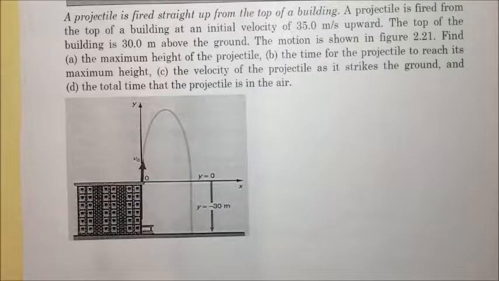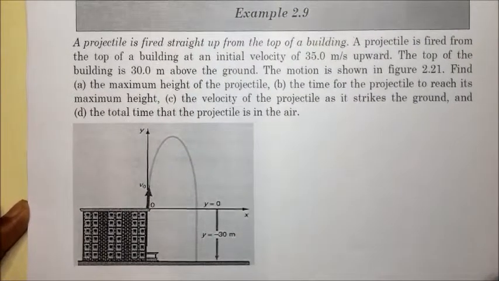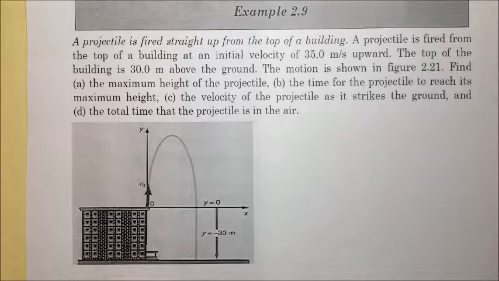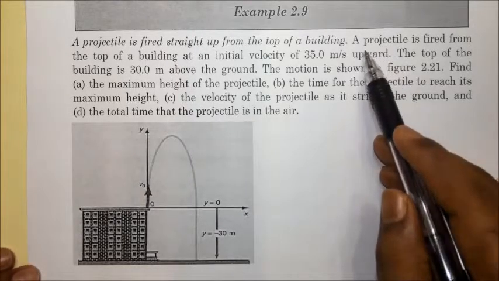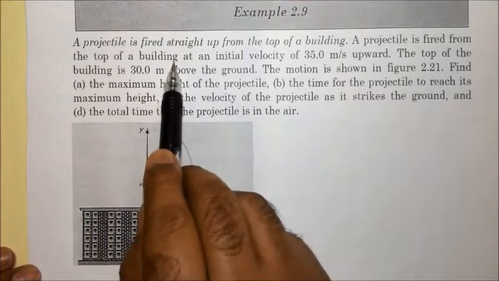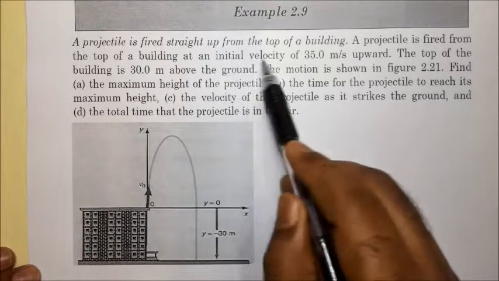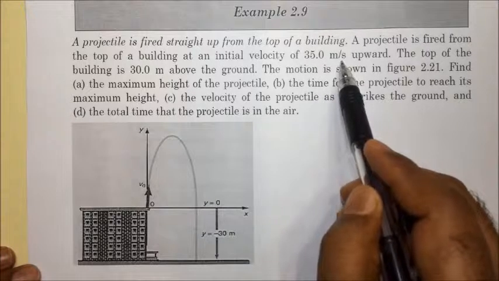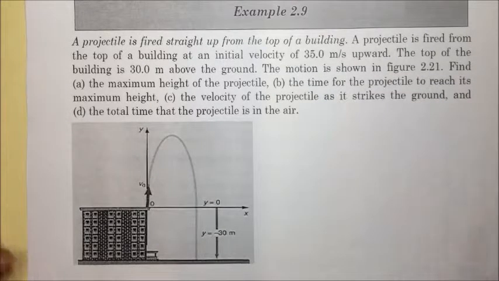Let's do another example. Example 2.9. A projectile is fired from the top of a building at an initial velocity of 35.0 meter per second upward.